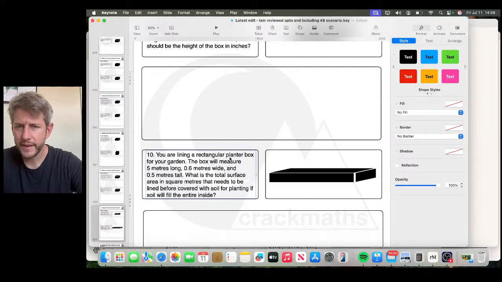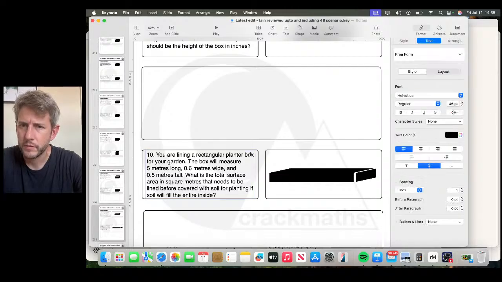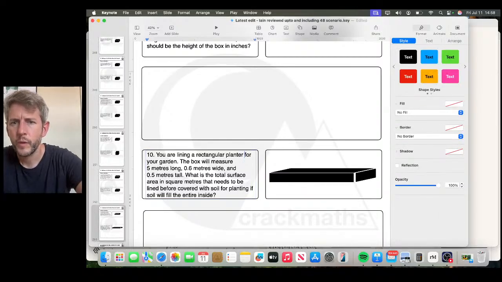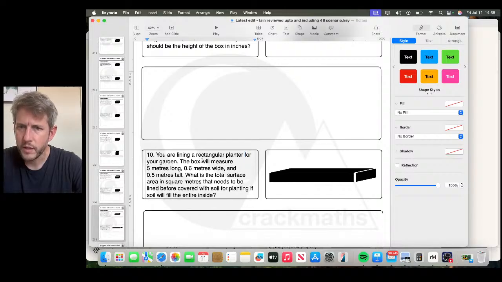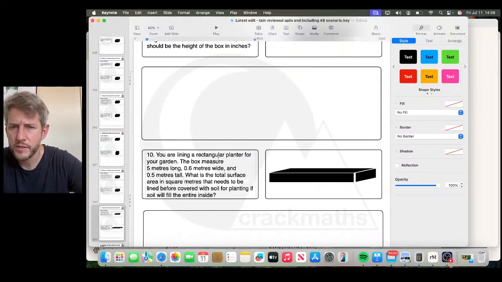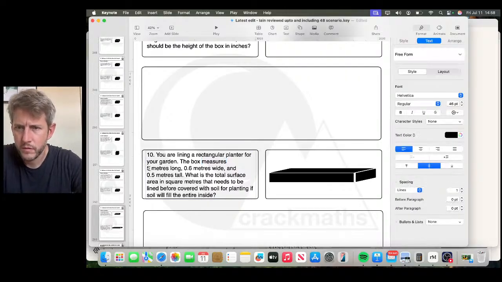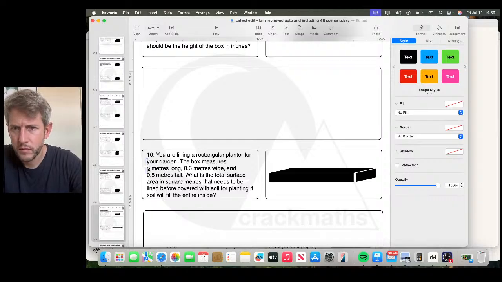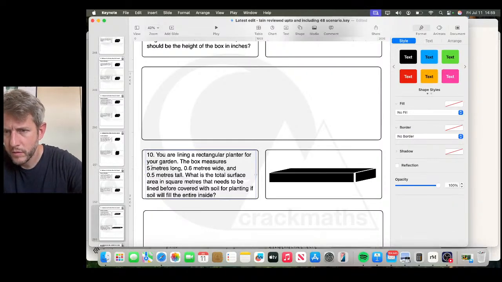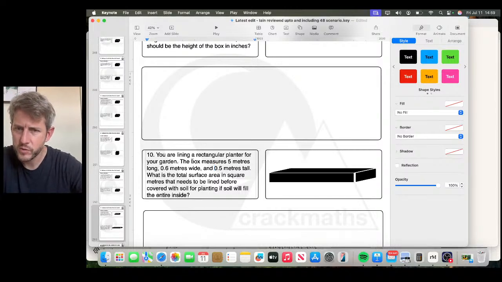You are lining a rectangular planter for your garden. The box measures 5 meters long, 0.6 meters wide, and 0.5 meters tall.